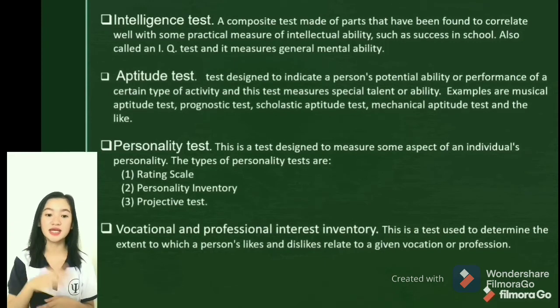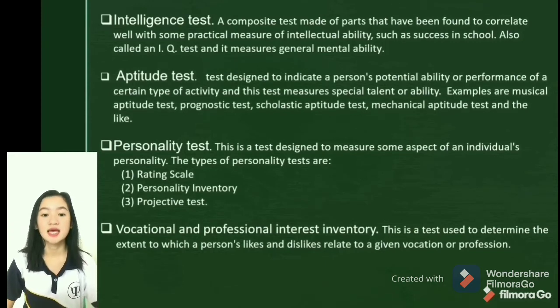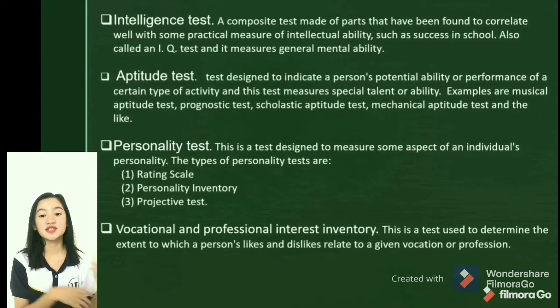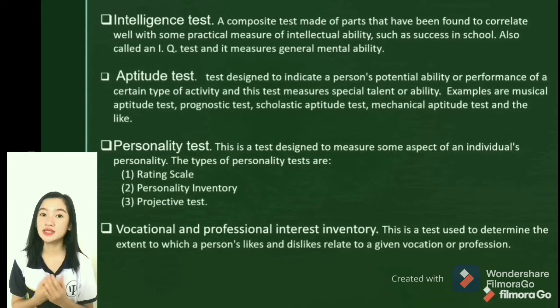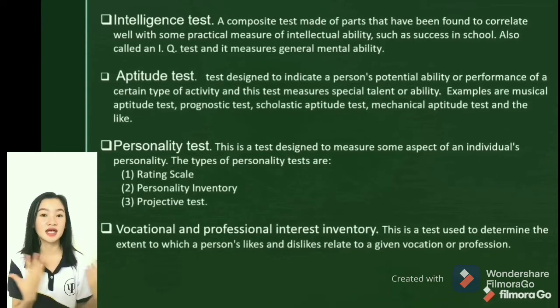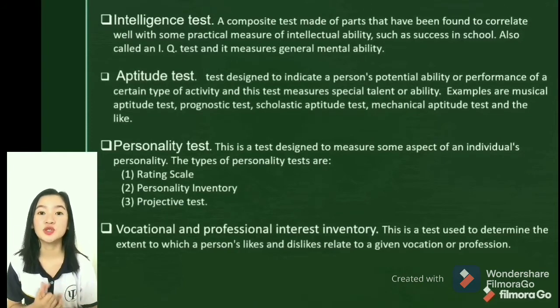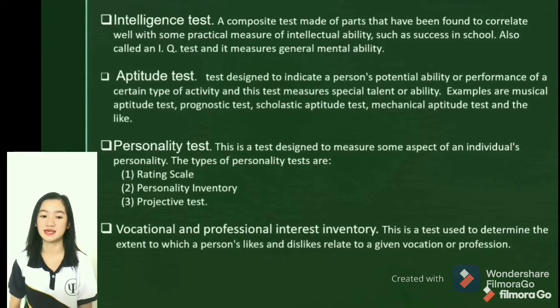The second one is the aptitude tests. This is a test designed to indicate a person's potential ability or performance of a certain type of activity. Examples are musical aptitude tests, prognostic tests, scholastic aptitude tests, mechanical aptitude tests, and so on. These tests usually measure talent or ability.